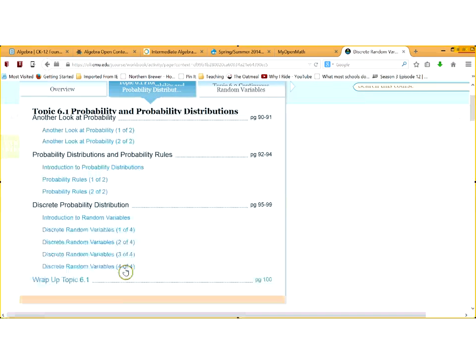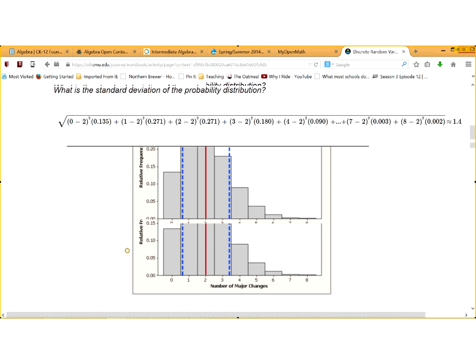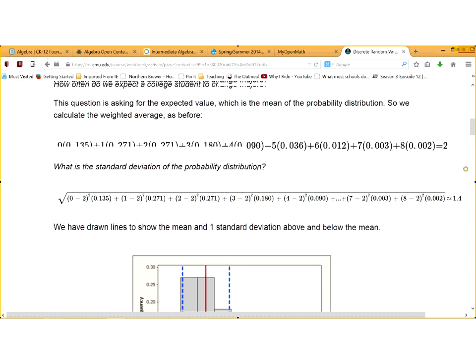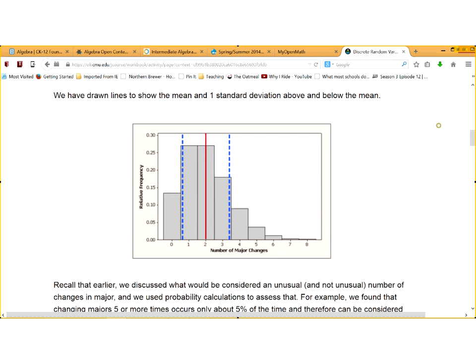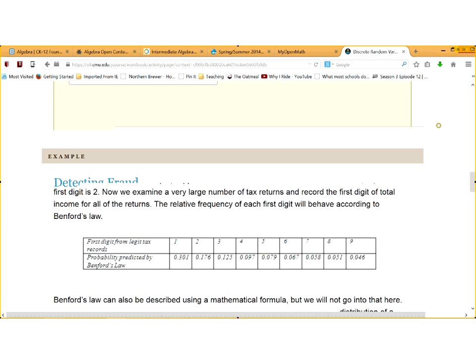And actually, the question on the quiz doesn't ask standard deviation, but I think there will be one on the next test for you. All right, so there's the changing majors, and you'll see they got 1.4 for the standard deviation, which is what we got. They got 2 for the mean, which is what we got. So that would be fine.